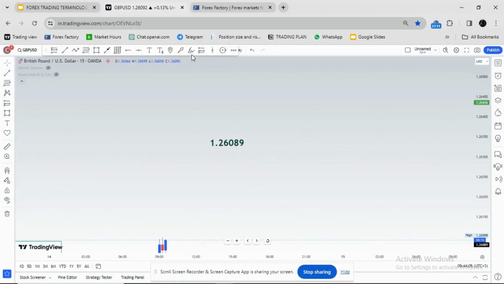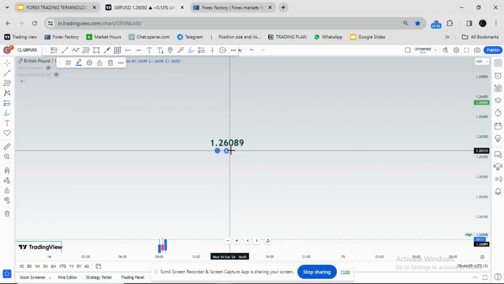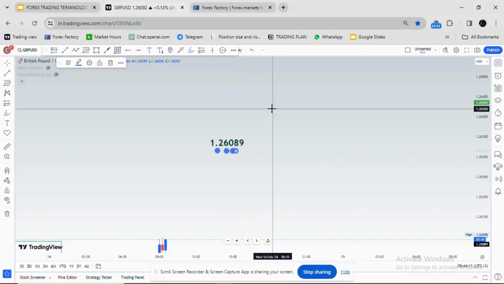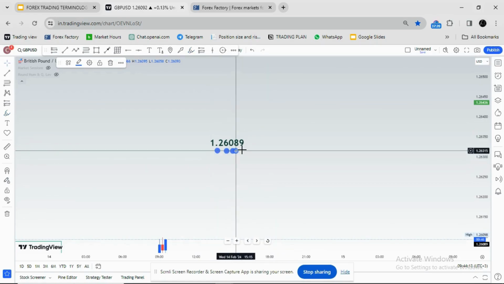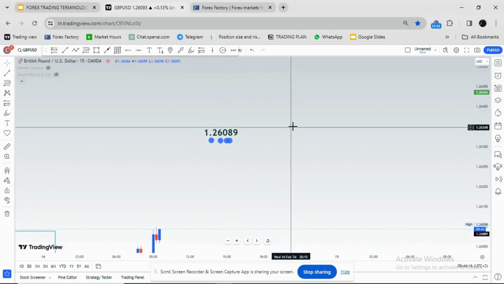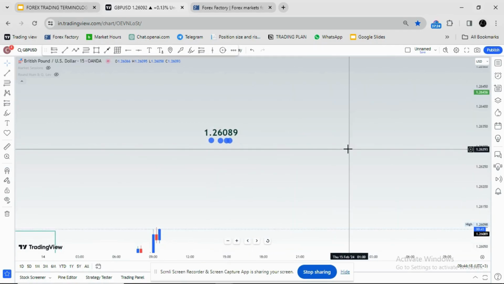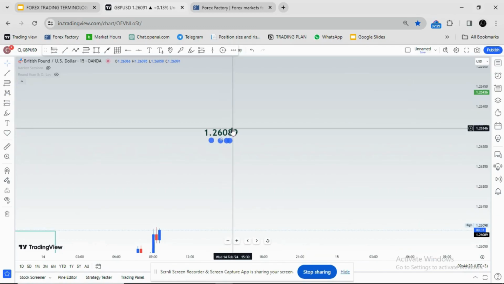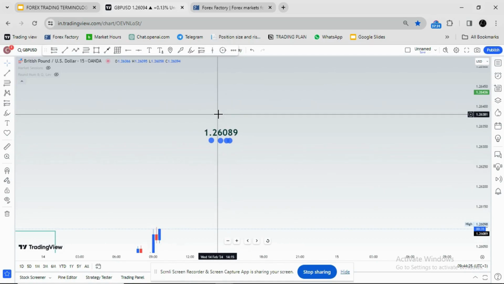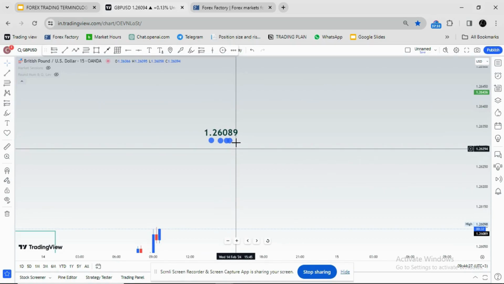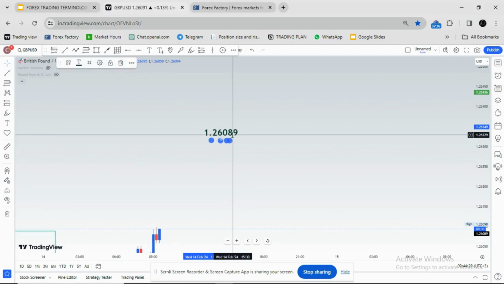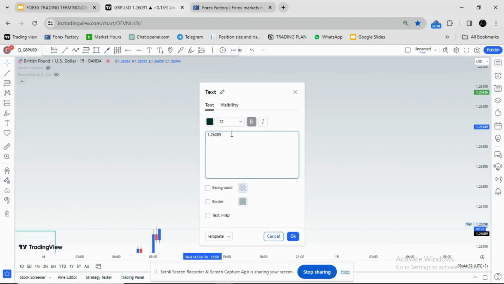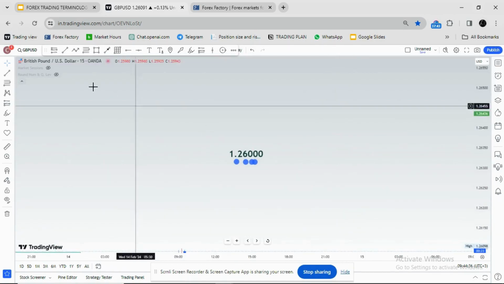There's 1 decimal place, 2, 3, 4 decimal places. First of all, we're going to focus on these 4 decimal places. For every other pair except gold and yen pairs, the first 4 decimal places is what we're going to focus on. So let's say the number was 1.26000. Let's do that.